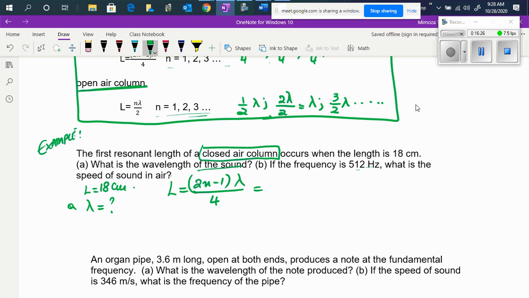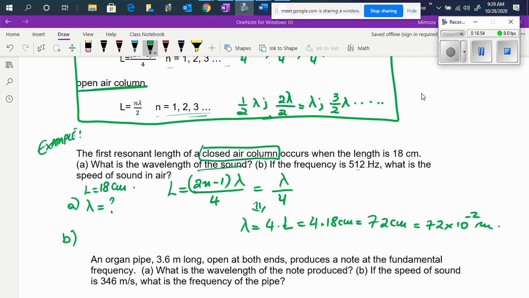In our case, this will be lambda over 4 because n is equal to 1. So then from here we find that lambda is equal to 4 times L, or 4 times 18 centimeters.